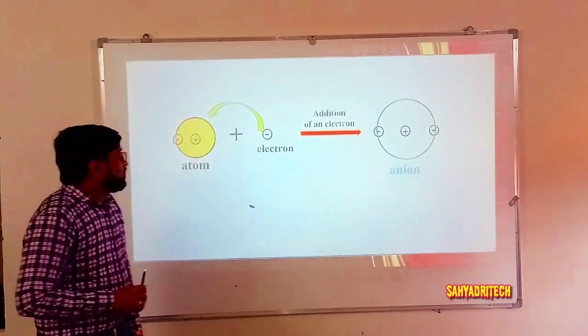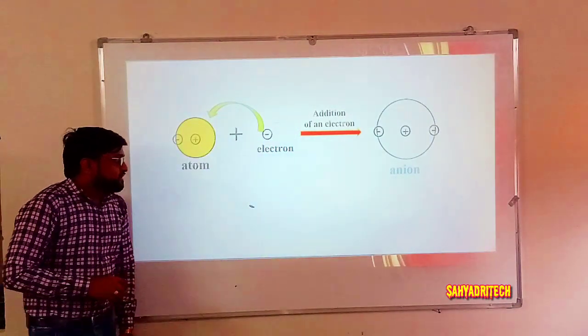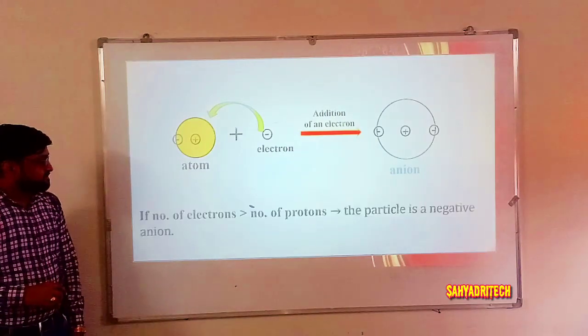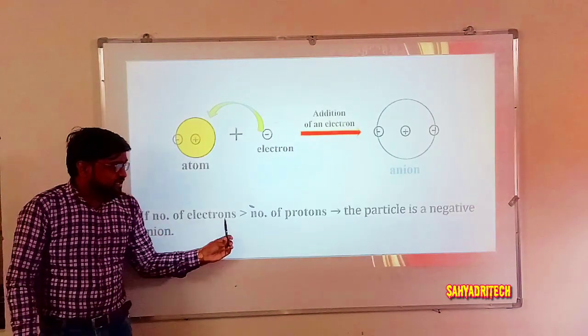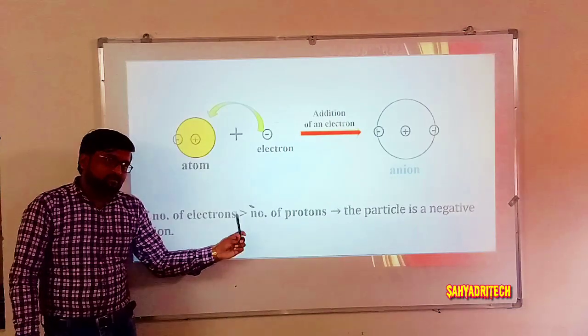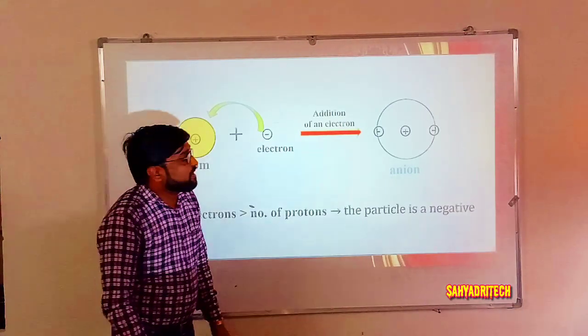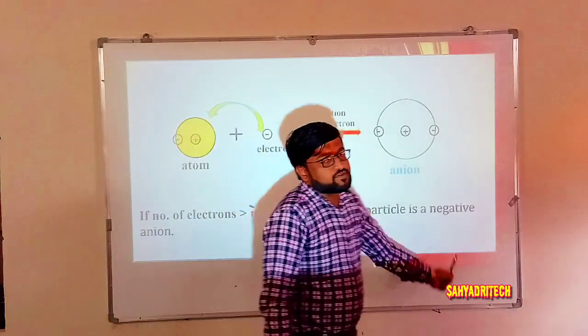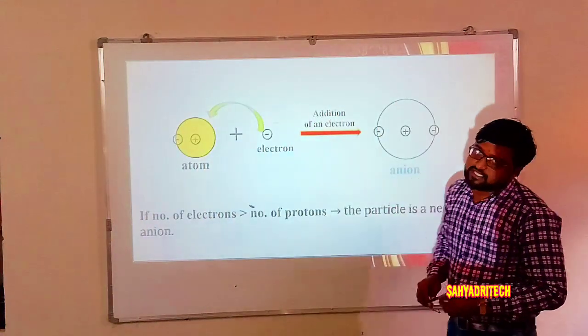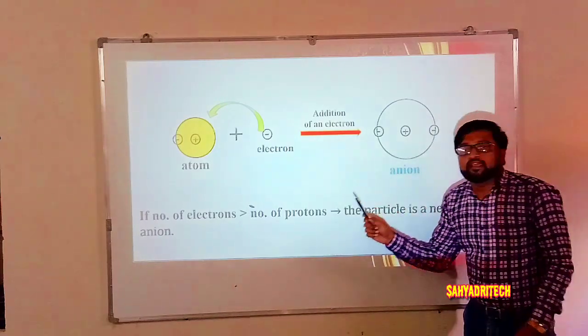Okay, now what we can say here, if the number of electrons is greater than the number of protons, then what type of particle will be formed? A particle is formed with a negative charge, or we can say an anion.